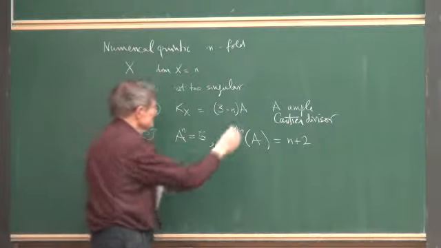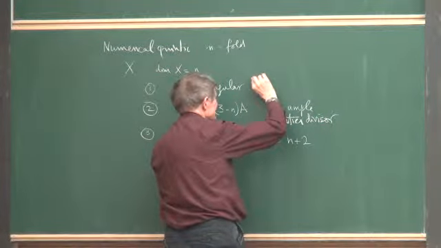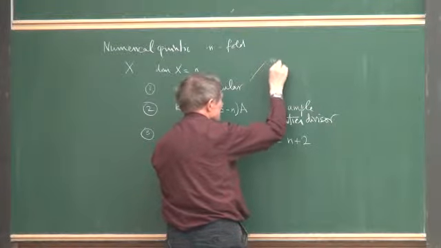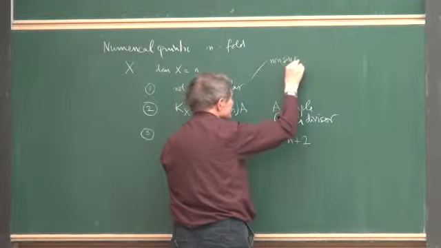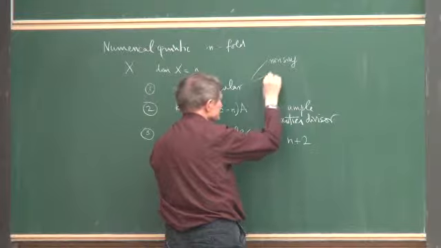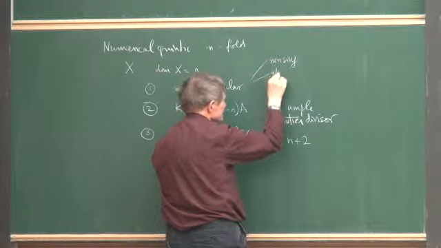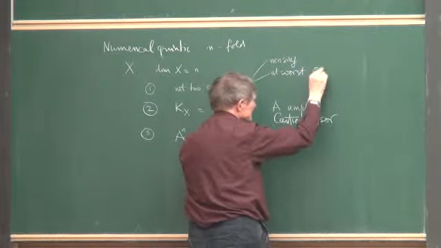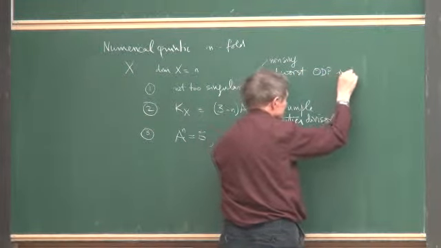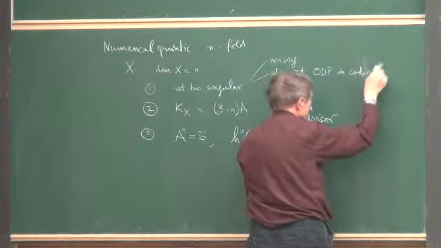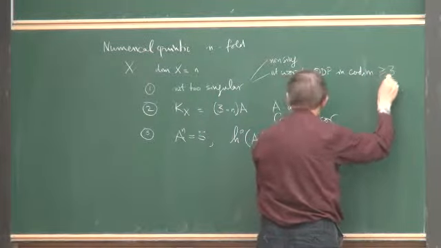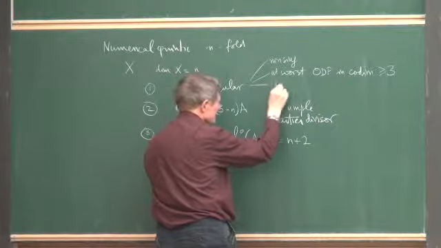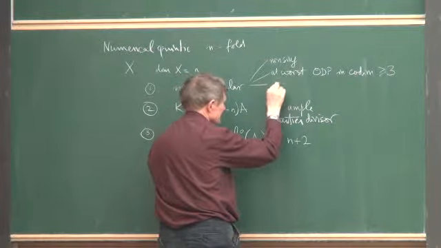Right, so let me start off here by saying you could insist on non-singular, or you could insist on at worst ordinary double points in codimension greater than or equal to 3, or you could allow here terminal canonical singularities.